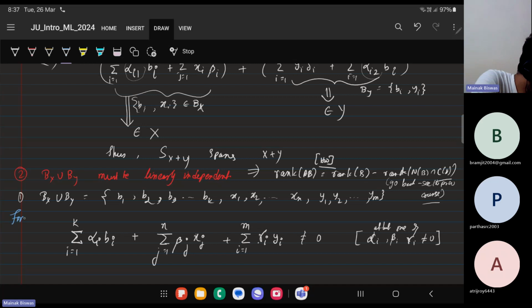For independence, this is required. I hope that is clear. This is from the definition.